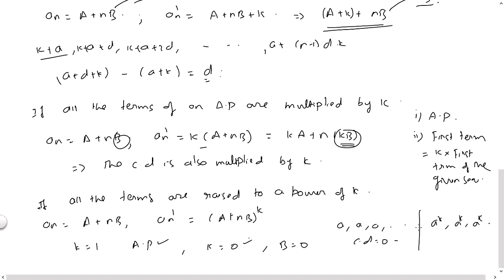Here also we have terms which are all the same, so this is also a case of arithmetic progression. So there are three cases wherein if you raise all the terms to the power of k, the resulting sequence will also be in arithmetic progression. What are those three cases? The first case is if the power to which it is raised is equal to 1 or 0, or if the common difference of the originally considered arithmetic progression is equal to 0.